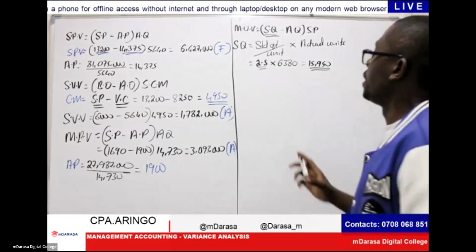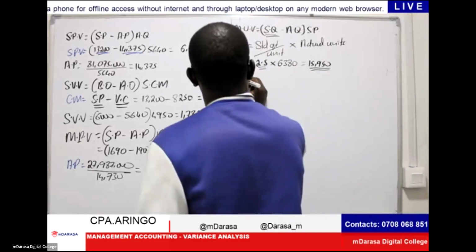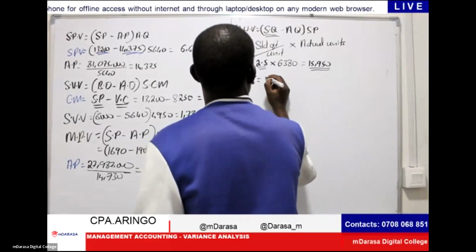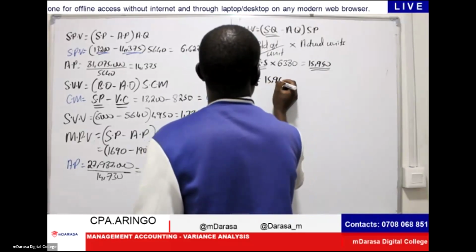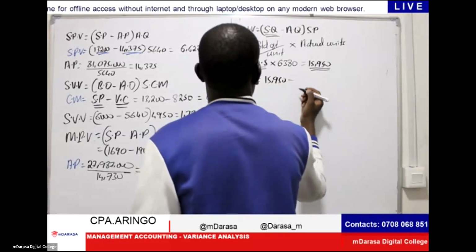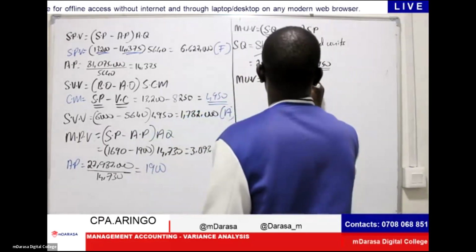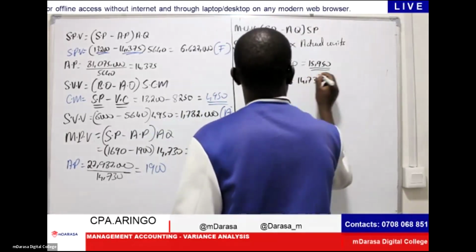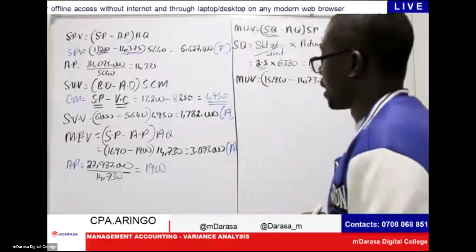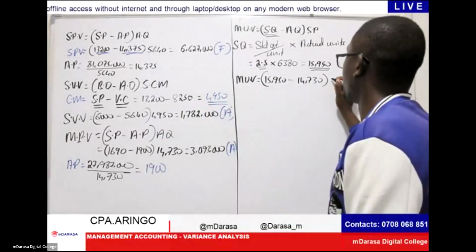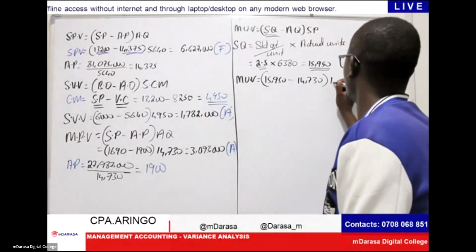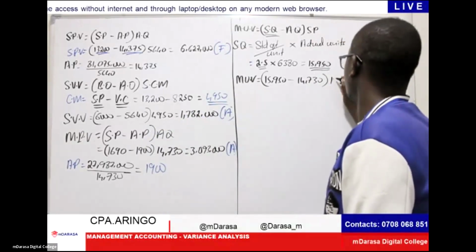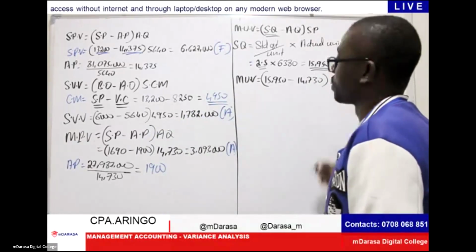So at the end of the day, determining our material usage variance, we're going to take the standard quantity less the actual quantity times the standard price of a material, which is 1690.